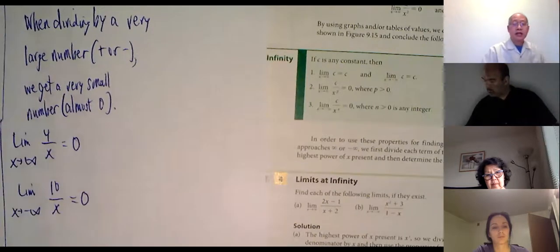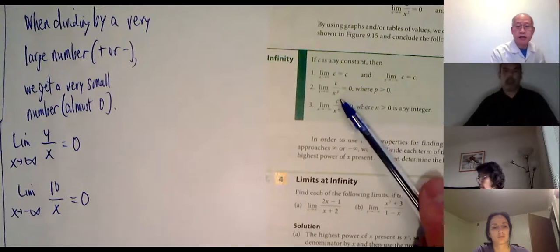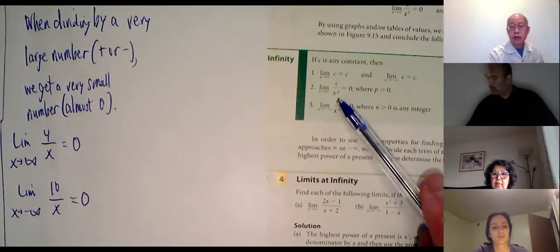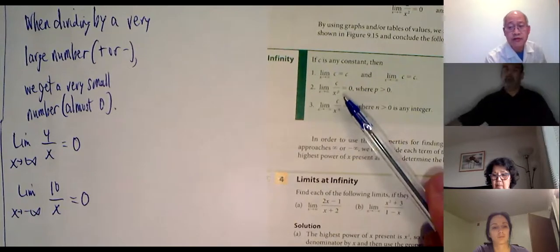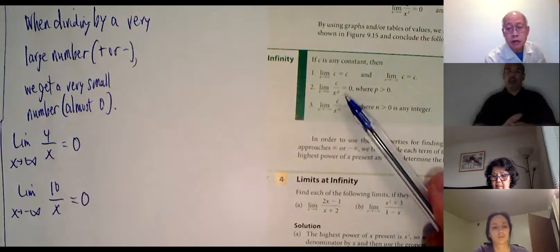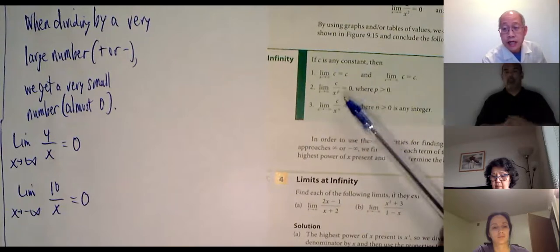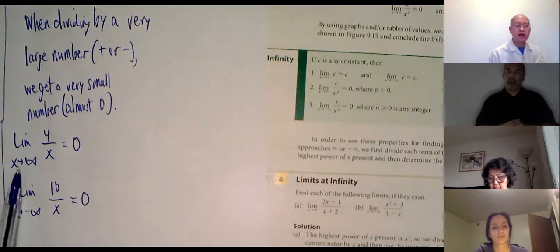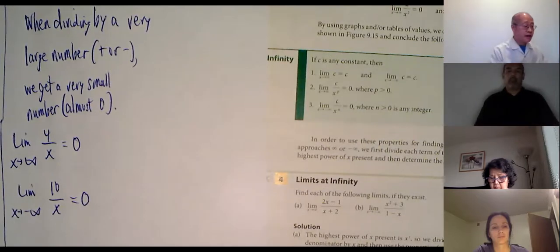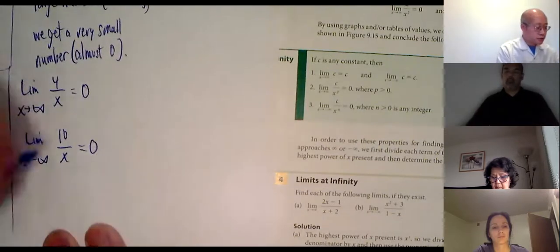We're still going to say that the limit is 0. That's what this is saying right over here. Okay. If you divide by a very, very big number, you get a very small number. Okay. They put p there where p is any power. That means this can be x squared, x cubed, or anything like that. Okay. So let me show you this.